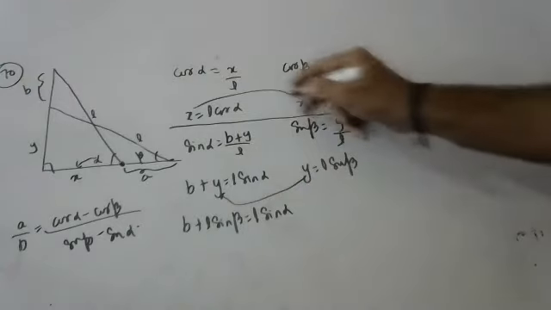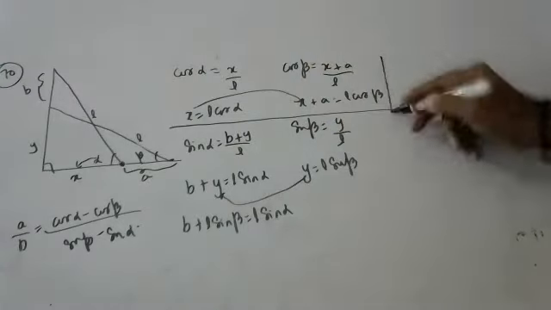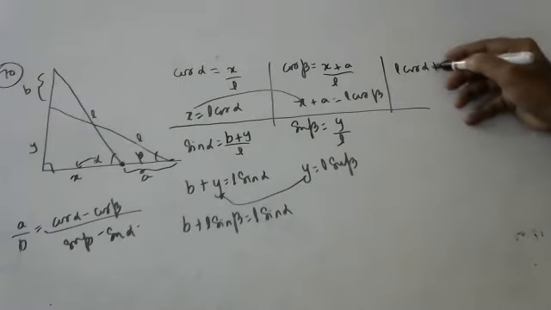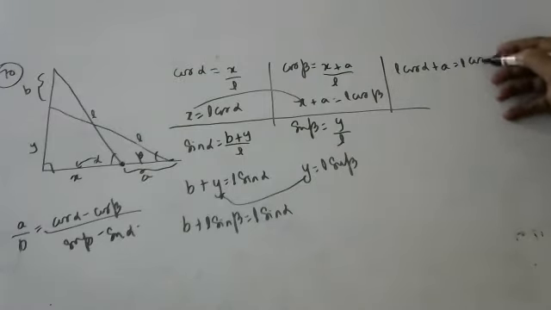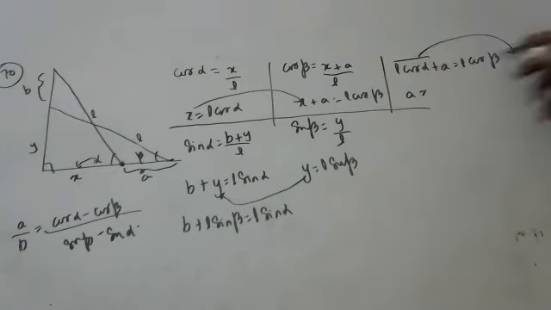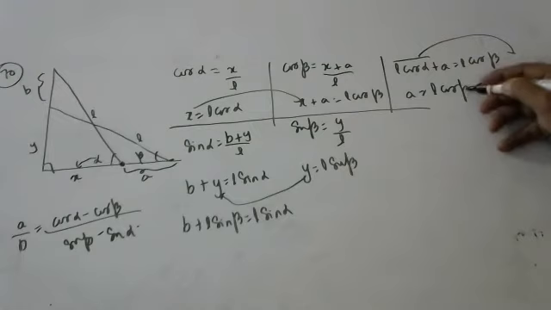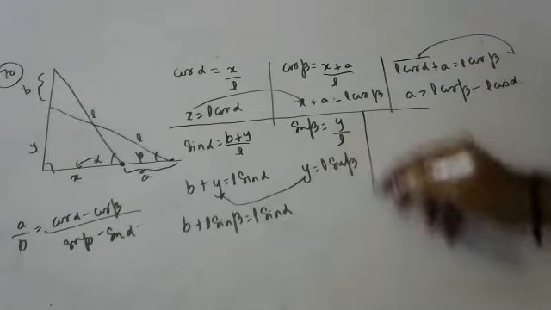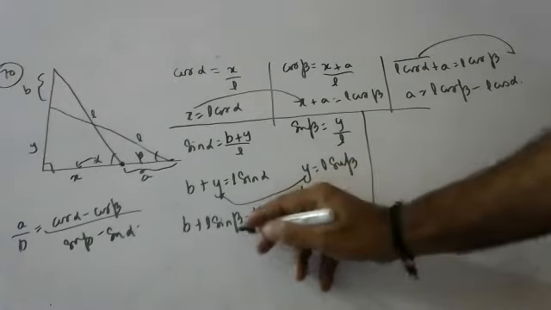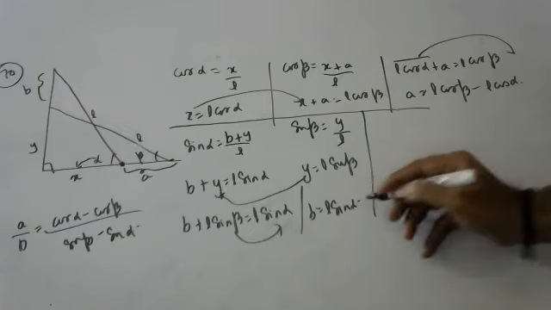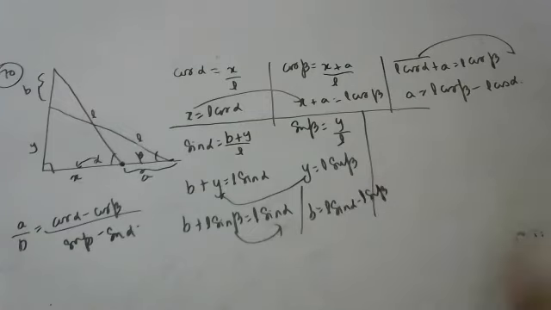And substituting x, L cos alpha plus A is equal to L cos beta. So A I can write as L cos beta minus L cos alpha. In the same way, B I can write as L sin alpha minus L sin beta.